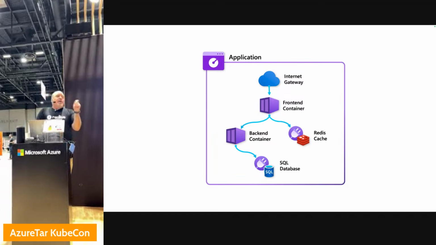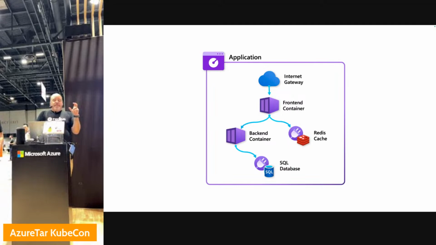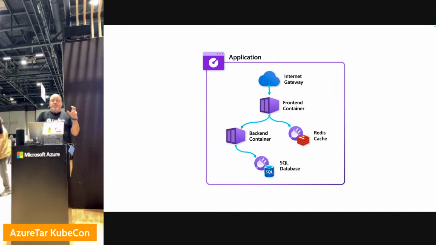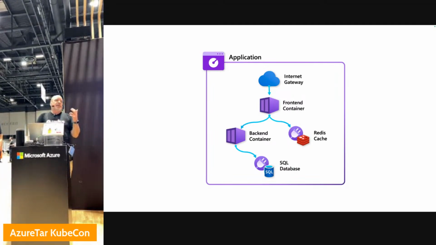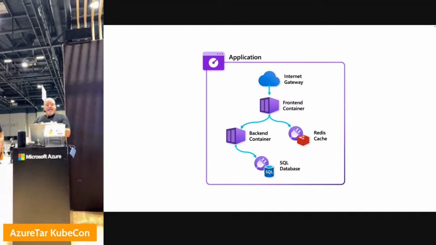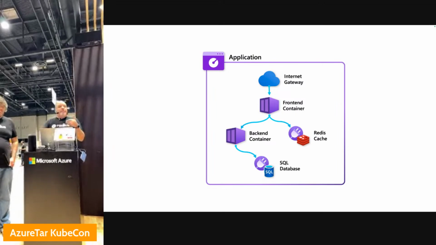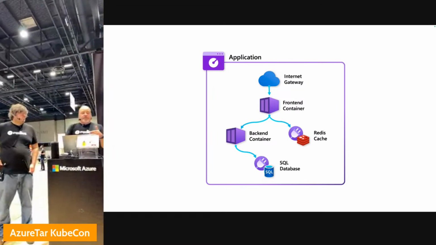So what does it mean in the context of Radius for a developer to focus on the definition of their application? They express their application in terms that are meaningful to the developer. So they've got an internet gateway, they define a front-end container, the cache for that container, the back-end that's connected to that container, and their database for persistent storage.